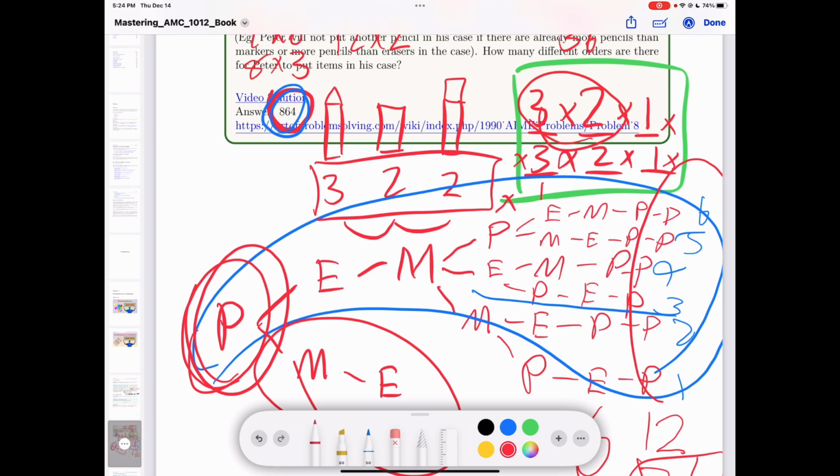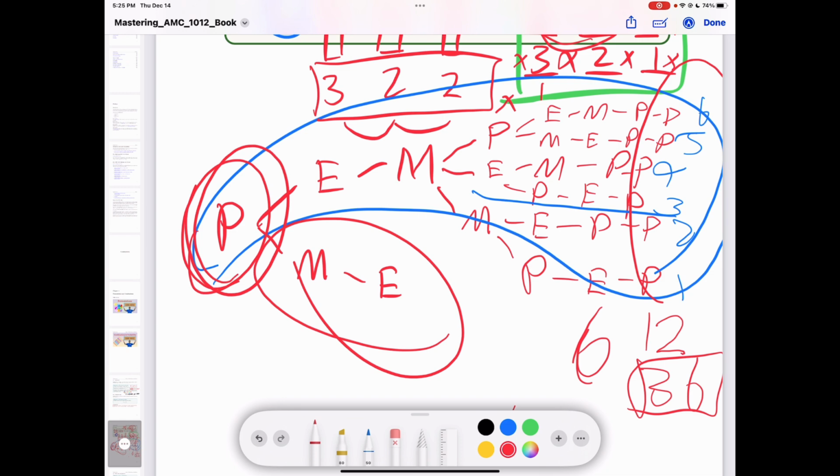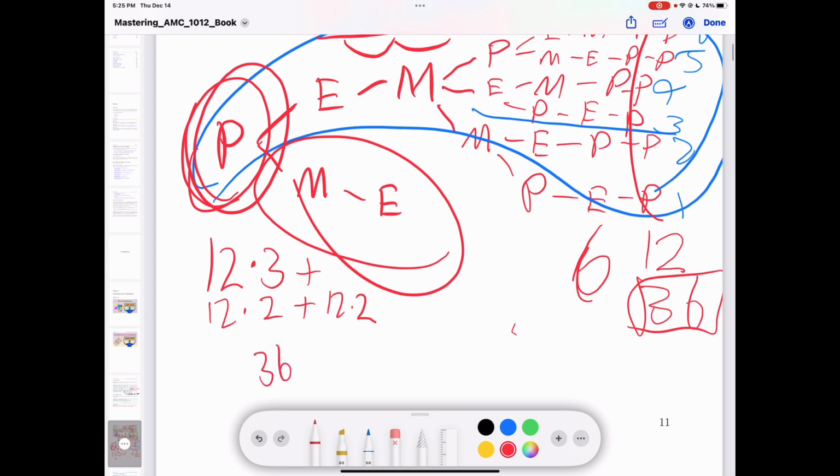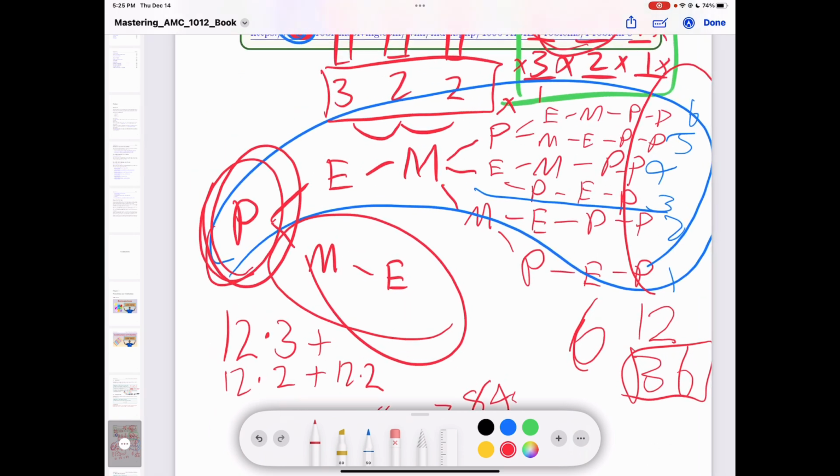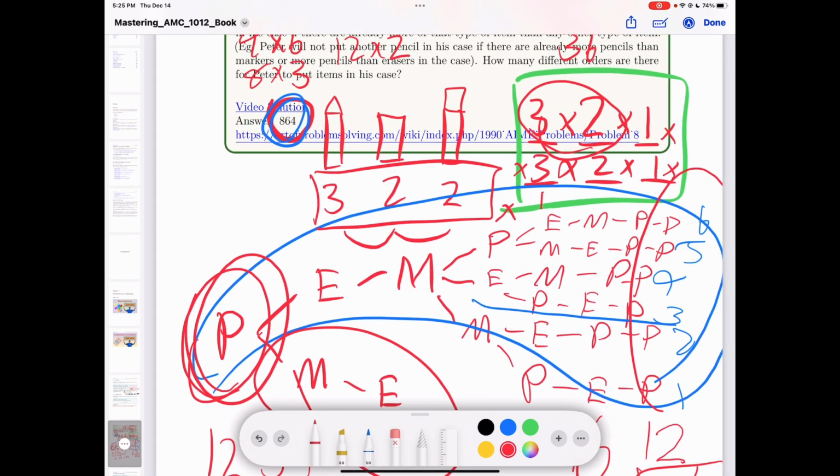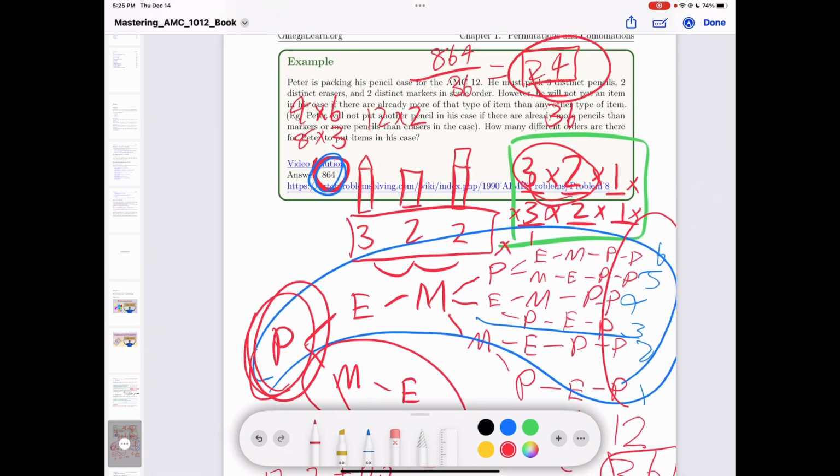Oh. Given what we said, this is 12, so 12 times 3 plus 12 times 2 plus 12 times 2. What would that get us? 36, 24, 48. 84. 4 times 3, 84.